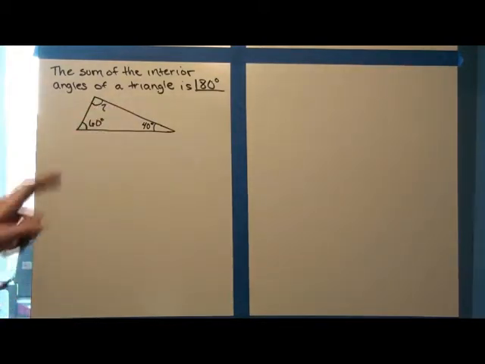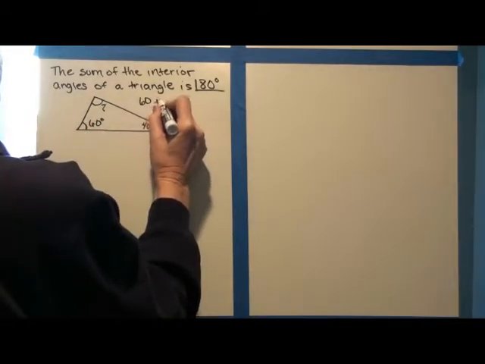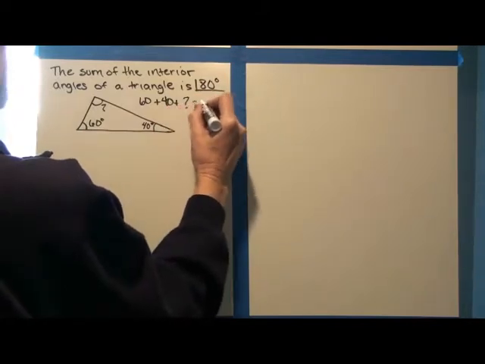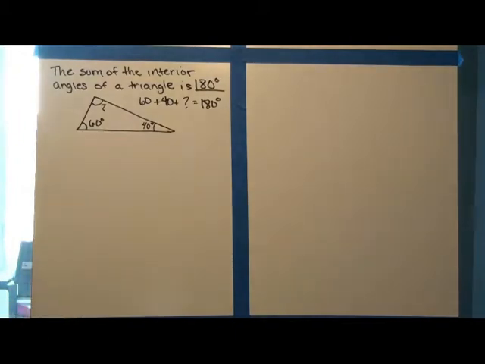What I would do is say 60 plus 40 plus the missing angle has to add up to 180 degrees, because the sum of interior angles of a triangle is 180 degrees.